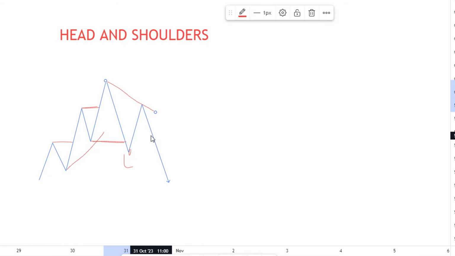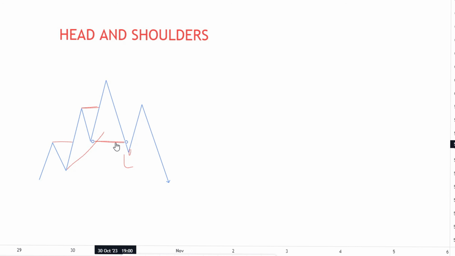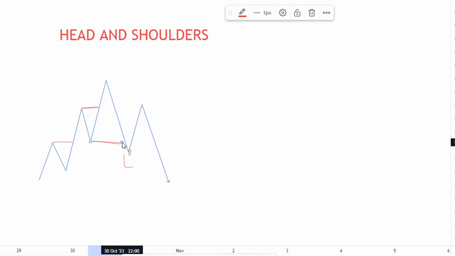So where is the actual good position where we can take entry? On the head and shoulders strategy, we have almost two possible areas to capture these entries. The first place is after the break, after the change of the market structure around these areas here.